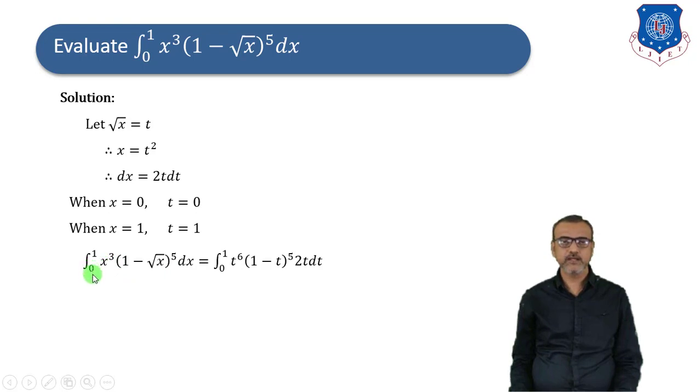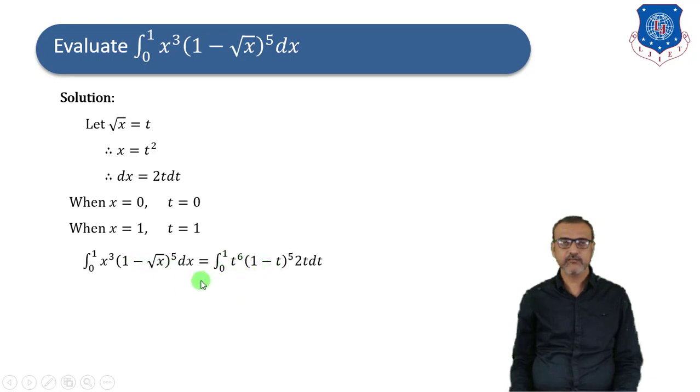Therefore the given integral, the integral from 0 to 1 of x cube times (1 minus root x) the whole raised to 5, dx, equals the integral from 0 to 1, then after replacing x by t square, x cube becomes t raised to 6.